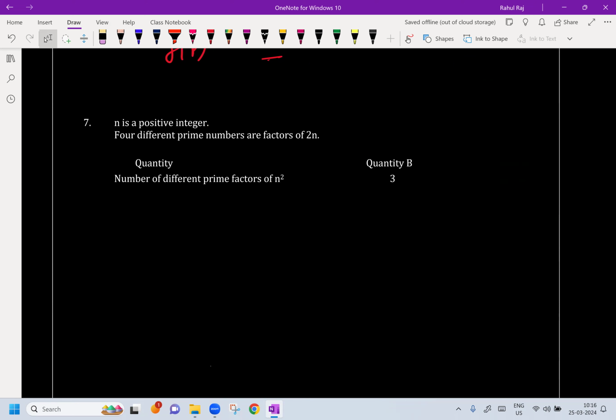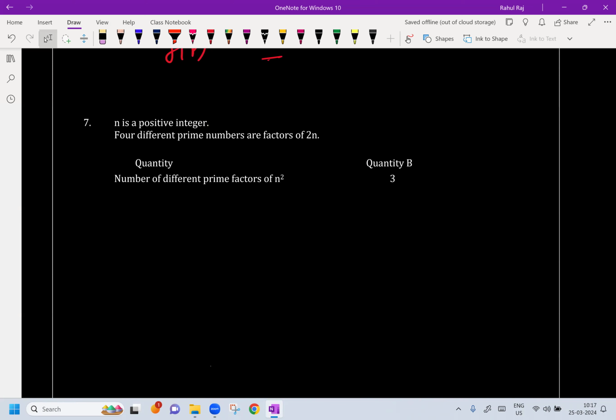You just have to think a little bit. So n will be a pretty big number then, no? Because 4 different prime numbers are factors of 2n.